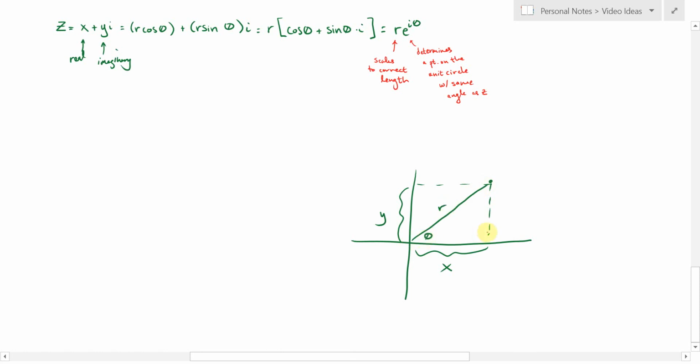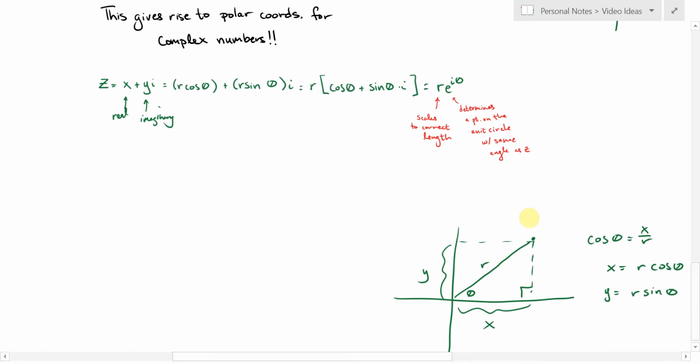And just by simple trigonometry here, the cosine of theta is x over r, or rather x is equal to r times cosine of theta. And similarly the sine would be y over r, so that y would equal r sine theta. So that's just thinking of r and theta in terms of the polar coordinates.